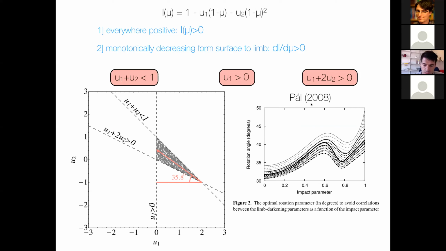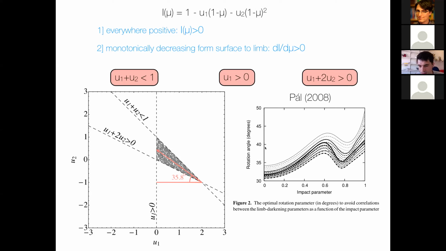The reason why that's important is because if you can use a PCA to rotate your parameters around and reparameterize things, then you can make your MCMC faster. So what Andras Pal said is that you should use an angle of about 35, anywhere from 30 to 40 degrees, as shown in this figure, to avoid correlations between the limb darkening parameters for the quadratic law.